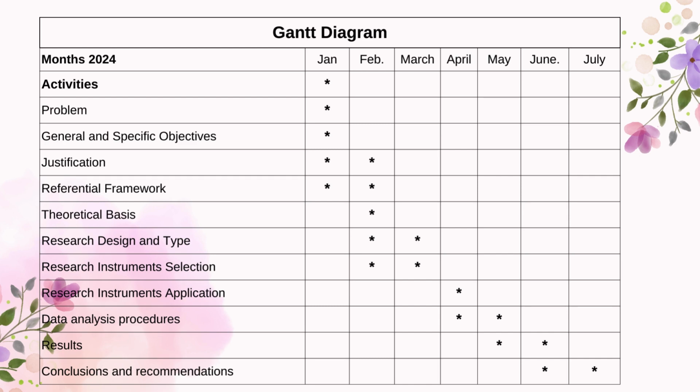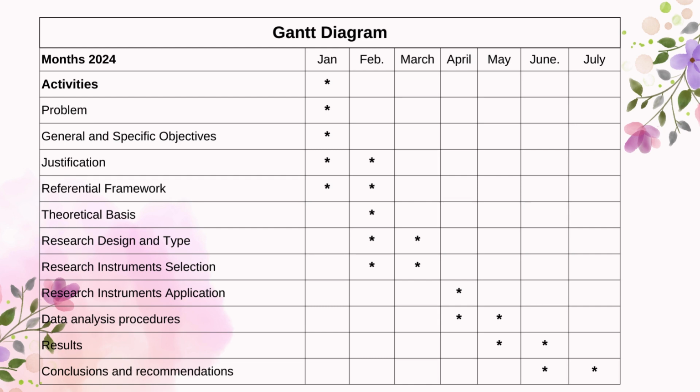We plan on doing that according to this Gantt diagram within the following months. We already developed the problem, the general and specific objectives, the justification, and the referential framework in January and February. The theoretical basis, the research design and type, and the research instrument selection were made in February.